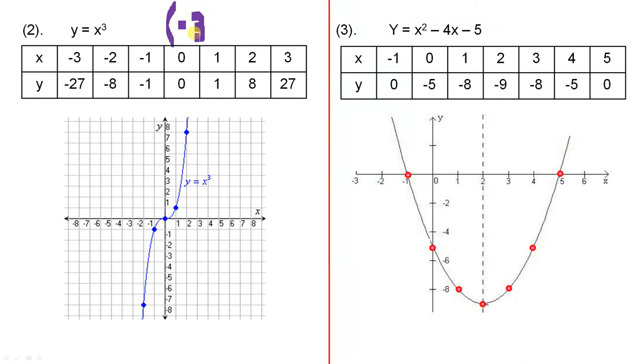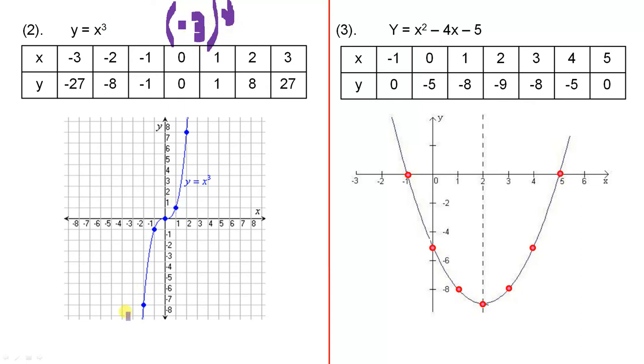So -3 all to the power of 3. And what that means is -3 times -3 times -3.